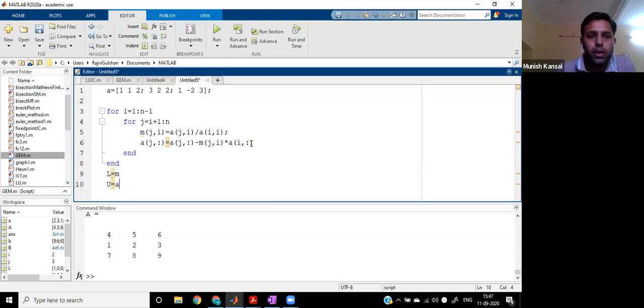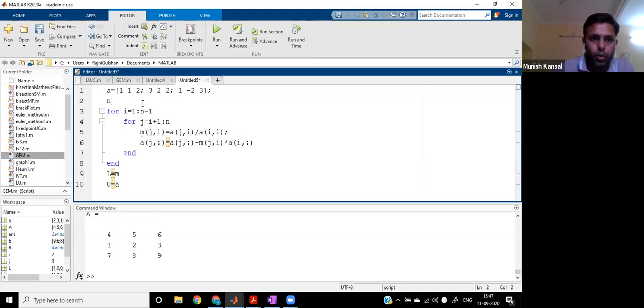Now, when I run this, you will not get the answer. Why? Because there are some additional things which we have to mention at the top. What are those? Because I have written here I is equal to 1 to n minus 1, I don't know the value of n. What is n? N is basically the size of the matrix. So I can simply write n is equal to 3.